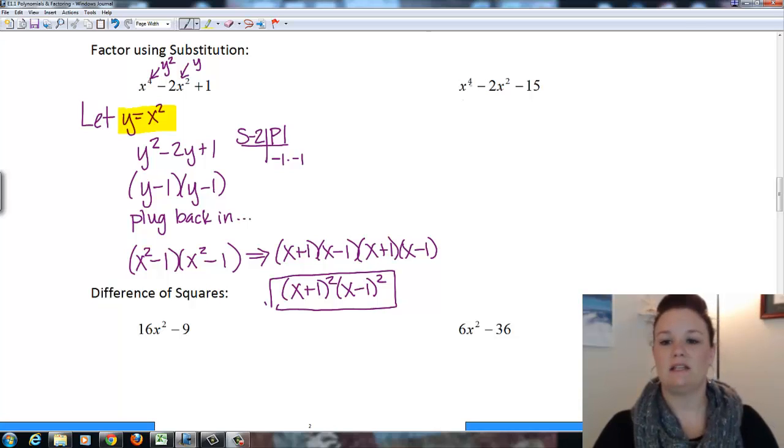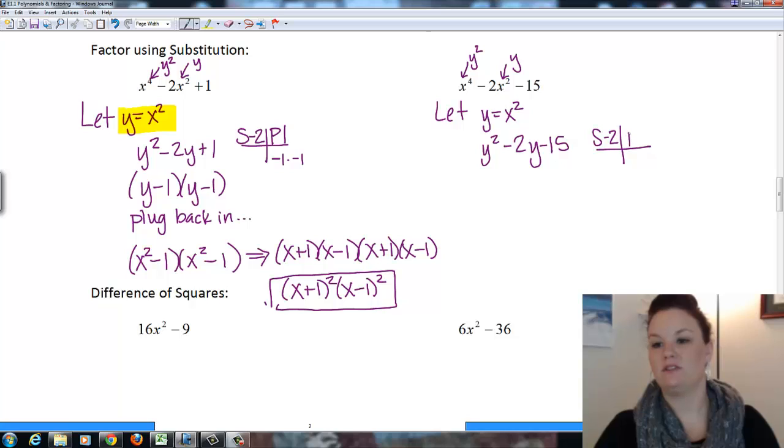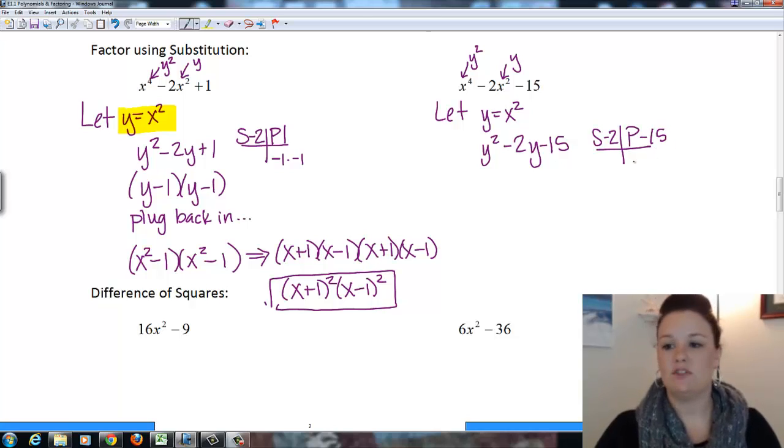Okay. This one again is one that we can do by substitution, so I'm going to go ahead and again say let y equal x squared. So that way I can replace this with just a first degree y, and I can replace this one with y squared. So that gives me y squared minus 2y minus 15. And then I can do sum product. I need a sum of negative 2 and a product of negative 15, which to get a negative 2 I would use negative 5 and positive 3.